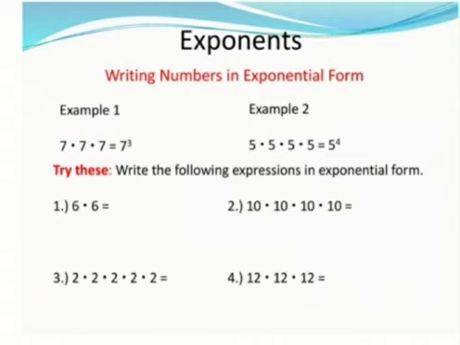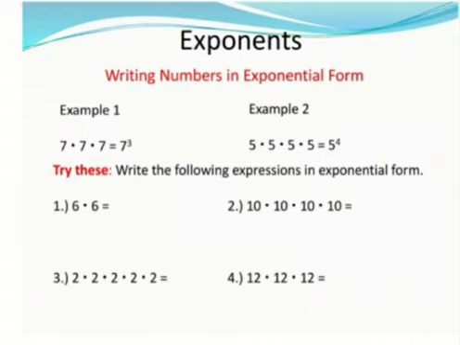Exponents. Writing numbers in exponential form. Example 1. 7 multiplication 7 multiplication 7 is equal to 7 exponent 3. Example 2. 5 multiplication 5 multiplication 5 multiplication 5 is equal to 5 exponent 4. Try this. Write the following expression in exponential form.